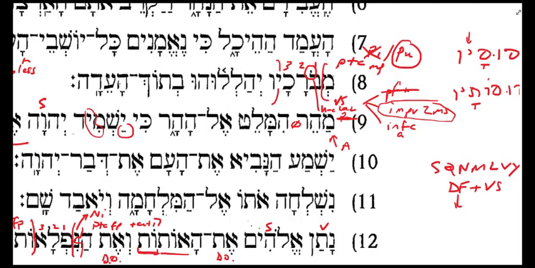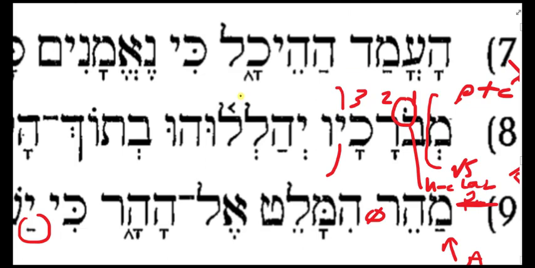Okay, that's fine. All right, so let's look at Yahaluhu again. I've identified these as my three root letters: Hey, Lamed, Lamed, which you have to know is the verb halal, to praise.